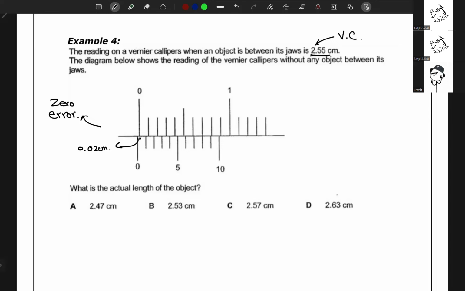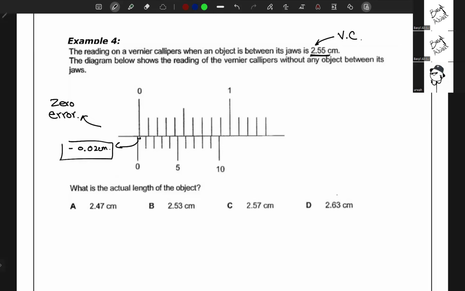So we'll have to eliminate that zero error. And how do we do that? It's very simple. You can see that this 0 is to the left of this main scale, and so the zero error is negative 0.02 centimeters. So that's the zero error.